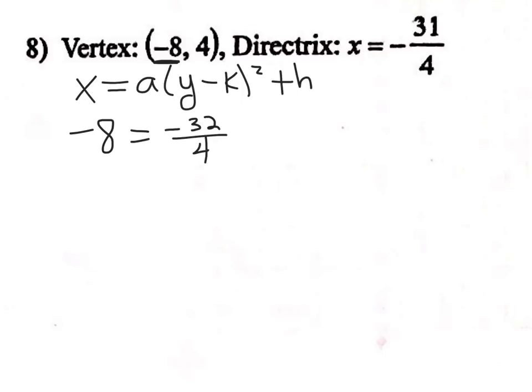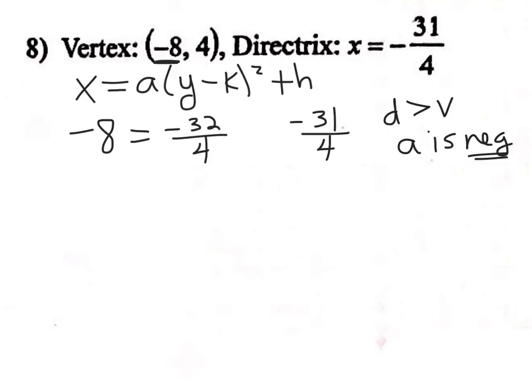My directrix is -31/4, and that is bigger than -32/4. So if your directrix is bigger than your vertex value, then A is negative. And so you need to remember that.